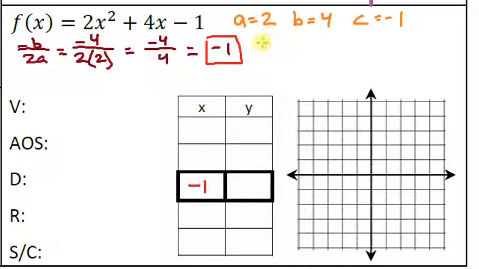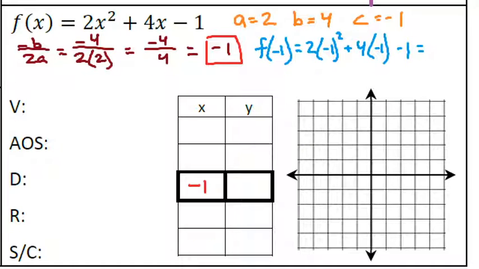Let's find our y value. f of negative 1 equals 2 times negative 1 squared plus 4 times negative 1 minus 1. Let's put that in our calculator.